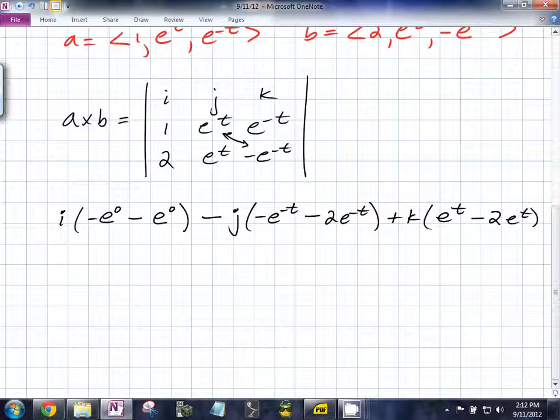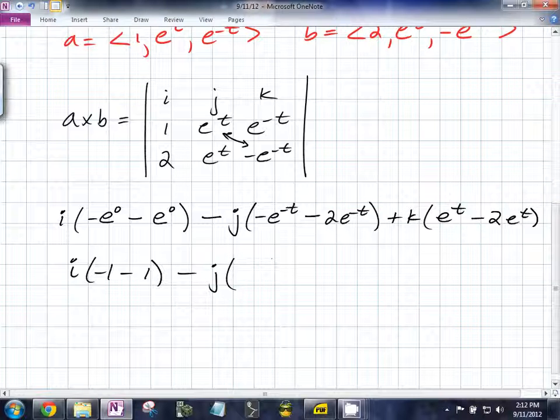So what do you end up with? i times negative 1 minus 1, minus j times, what do you end up with there? 3e to the negative t, plus k times negative e to the t. At least they're like terms. That's nice. So what do you get?